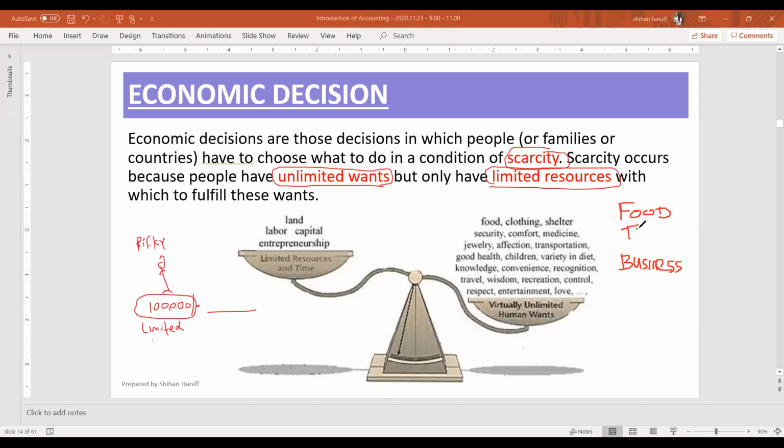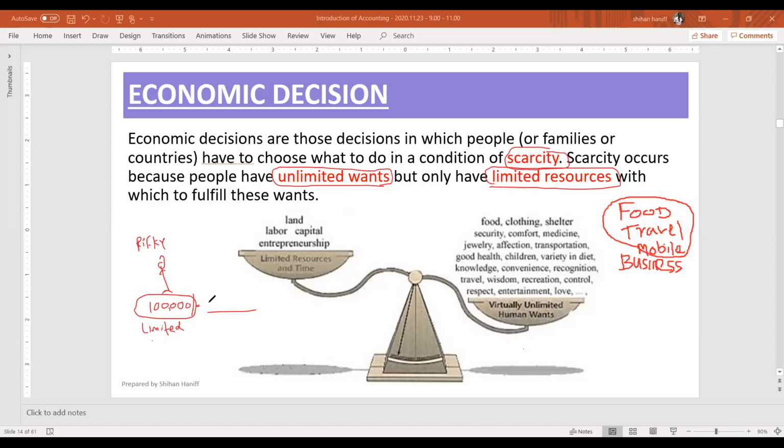You can travel. If I get money, I will travel. What else? I can purchase a mobile phone. These are called consumption.